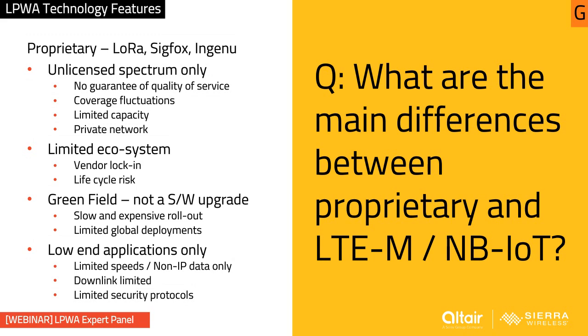And also, because they don't support IP messaging, running commercially hardened security protocols like VPNs and TLS and HTTPS are just simply not possible. So there's a high-level recap of the big differences between the two.